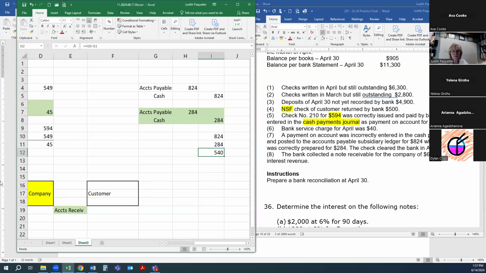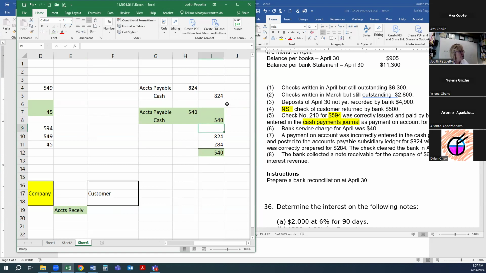Okay, so we have an error of $540 there. In this case, the journal entry should have been this. We way over deducted cash. So how do we fix it? We're going to add that back. And then our correcting journal entry is going to be 45.